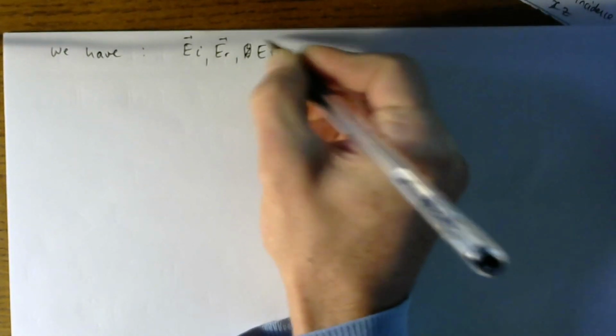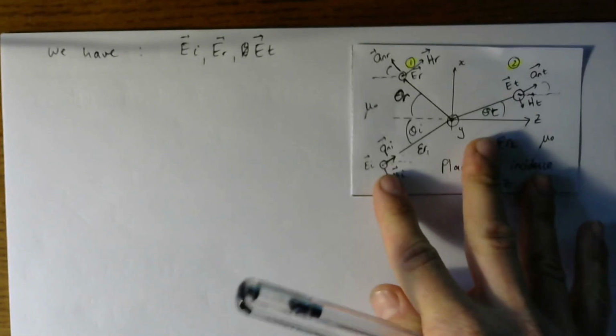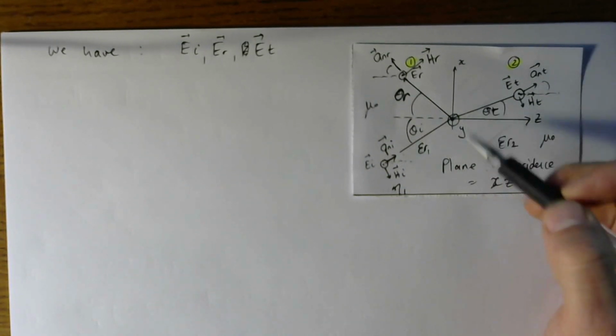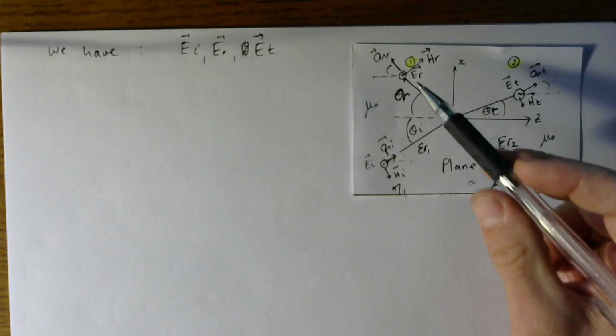Okay guys, sorry. What we're going to do now is, we have found expressions for the incident electric field, the reflected electric field, and the transmitted electric field, right? In this case we have some interface aligned with the x-axis, region 1 and region 2.